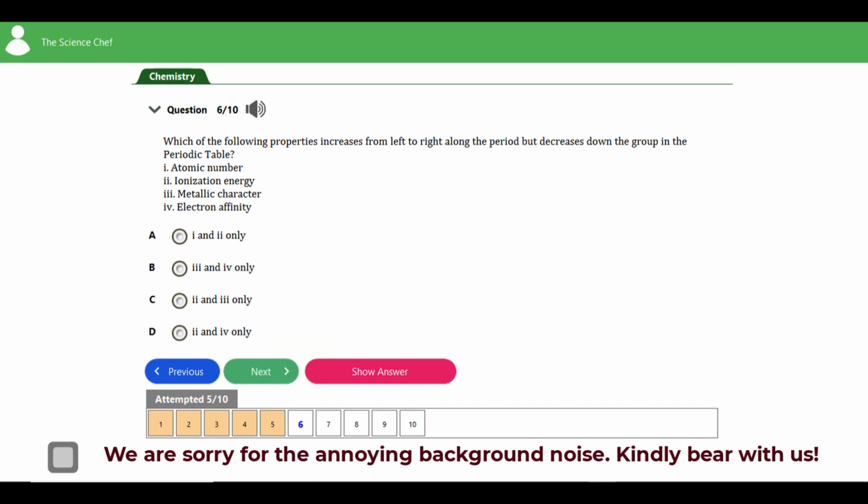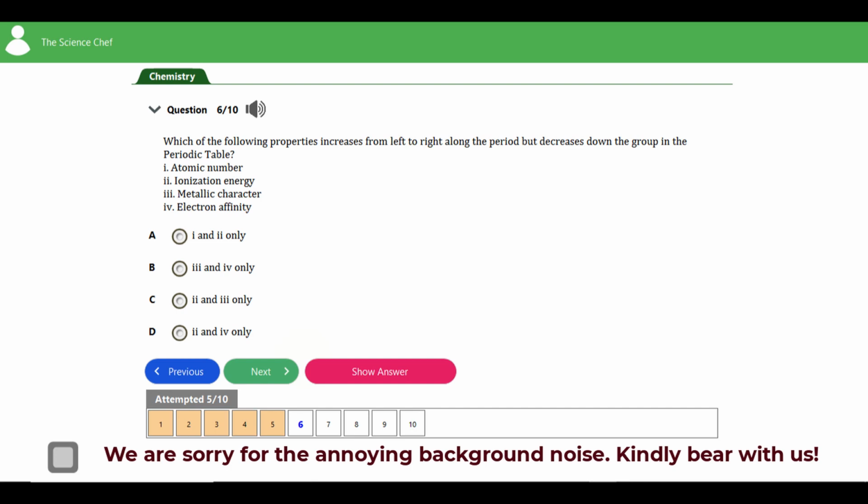Atomic radius decreases across the period due to an increasing nuclear force of attraction between the nucleus and the outermost electrons, right? That force of attraction has to be overcome before any electron in the outermost shell can be removed, which is why ionization energy increases across the period.